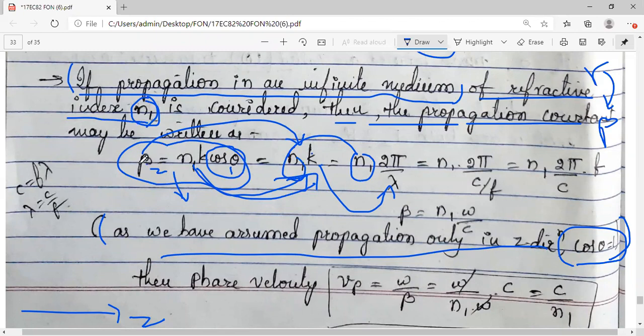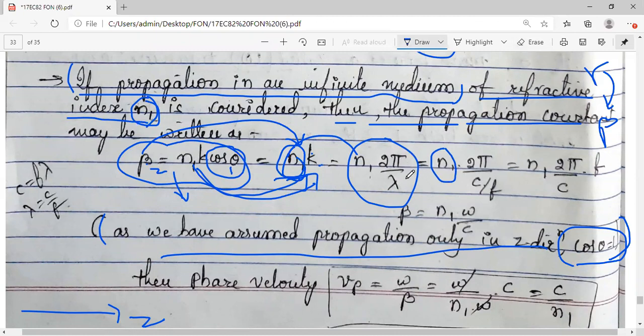Beta is defined as 2 pi by lambda, k is also defined as 2 pi by lambda only, but here n1 is the refractive index. So instead of k I can write 2 pi by lambda. So I write n1 into 2 pi by lambda, keeping n1 as it is.